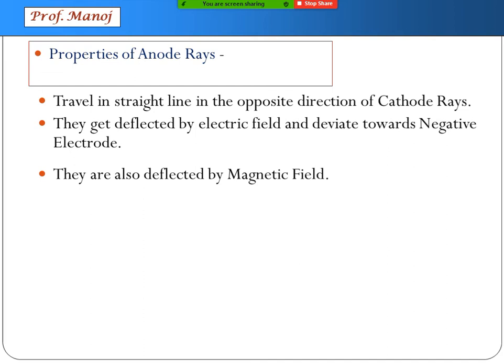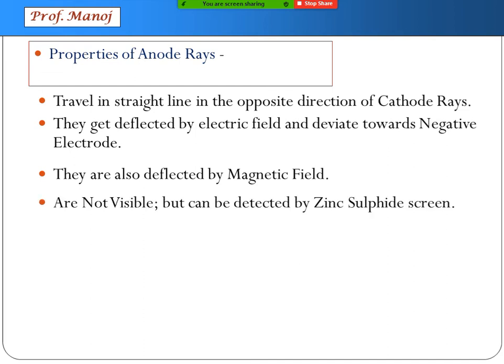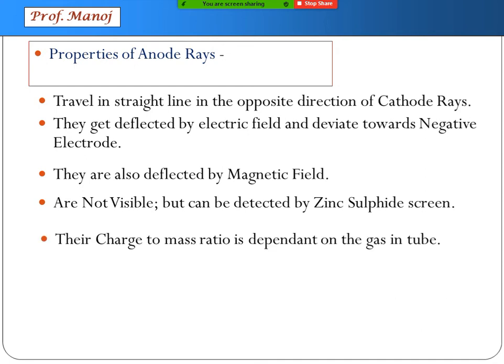They are also deflected by a magnetic field. They are also not visible, but just like cathode rays, they can be detected by a zinc sulfide screen. The most important different point is that their charge to mass ratio depends upon which material you have taken in the tube, and it is not a constant like cathode rays.